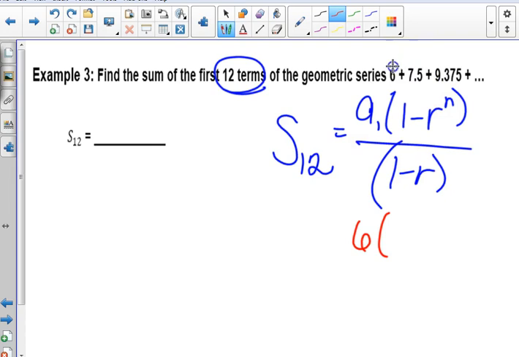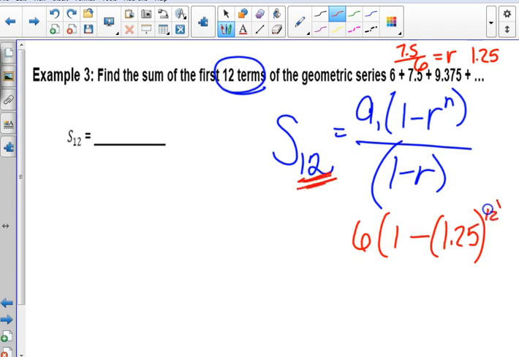Now, be careful, because I wanted to say it was 1.5. Okay, it's 7.5 divided by 6 to find r, right? 1.25 or 5/4, but 1.25 will work. So it's 1 minus 1.25 to the n. What's n again? 12. All over 1 minus 1.25. Okay.